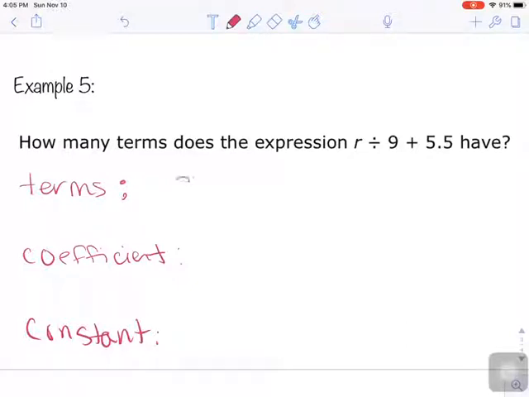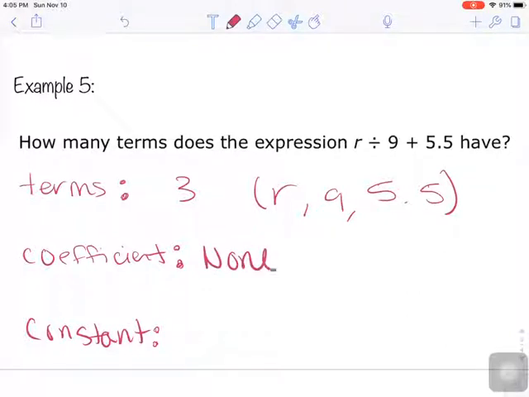So we have 3 terms here. We have R, 9, and 5.5. There are no coefficients. And we have 2 constants, 9 and 5.5.